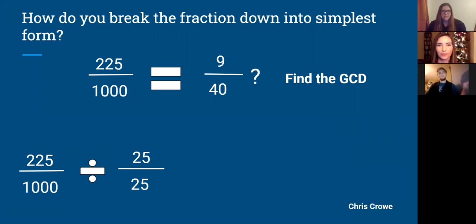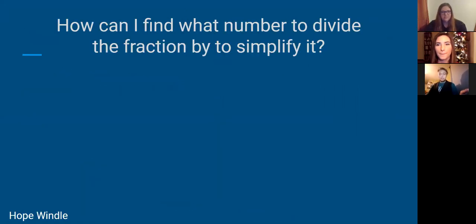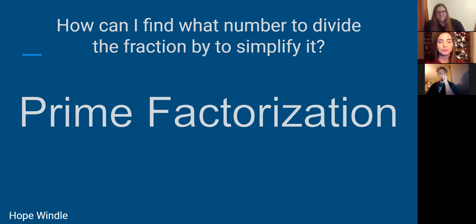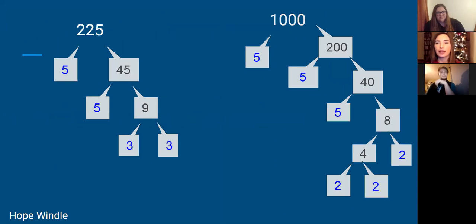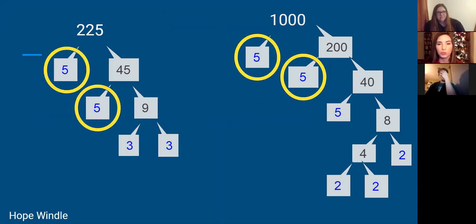Okay, thank you. Now, Danielle, can you explain how to find what number to divide the fraction by in order to simplify it? I'll do that, Chris, by using prime factorization. We take our numbers, 225 and 1,000, and see that what they both have in common is two 5s, which gives us our 25.